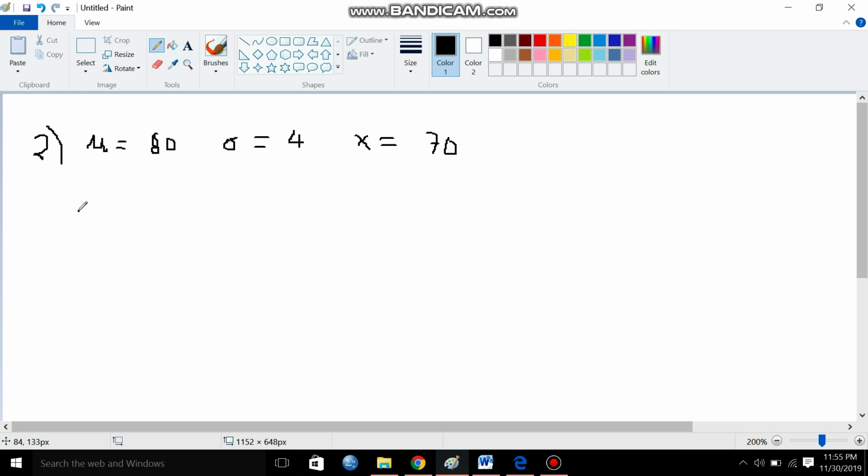We will again write z equals x, which is 70, minus 80, which is the mean, and divide it by 4. Subtracting these two numbers gives us negative 10, then copy 4. So negative 10 divided by 4 is negative 2.5.